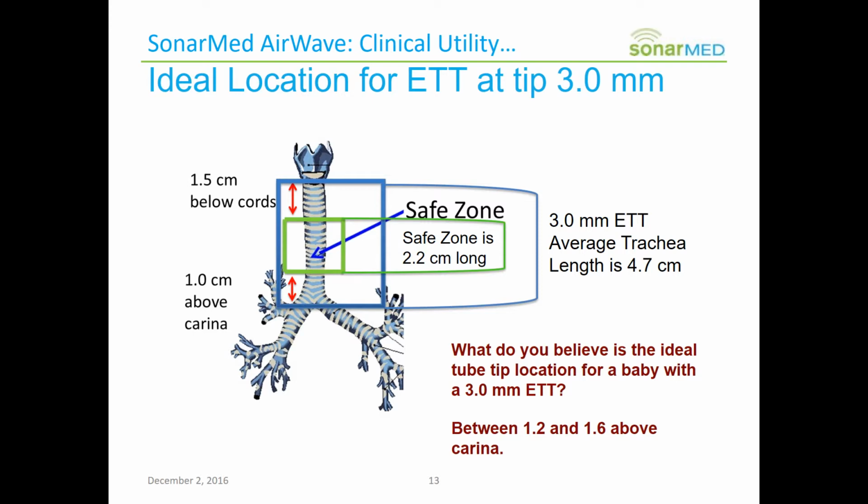So what would you think is the ideal location for a baby with a 3.0 millimeter endotracheal tube, knowing their average tracheal length is 4.7? So we want to be at least a centimeter above, and in this case, if we're 1.2 to 1.6, we're still going to be in that safe zone and still leave a little bit of room for upward movement.